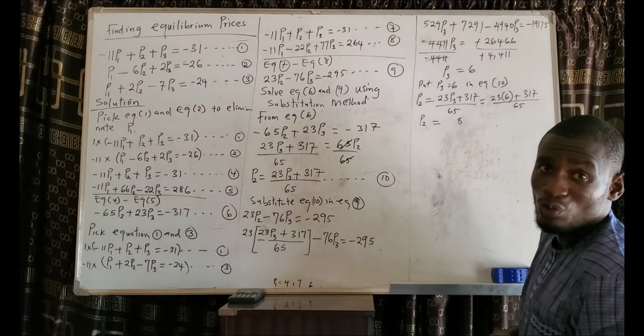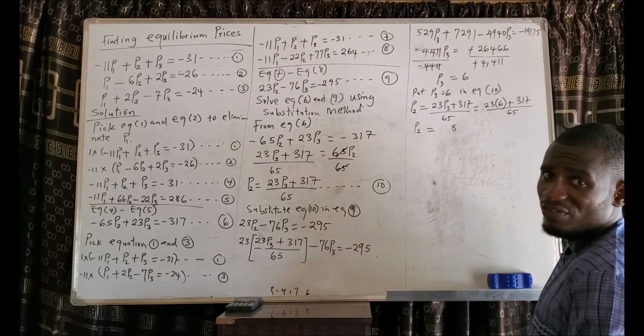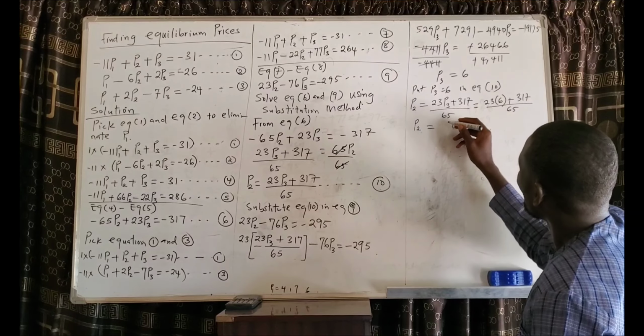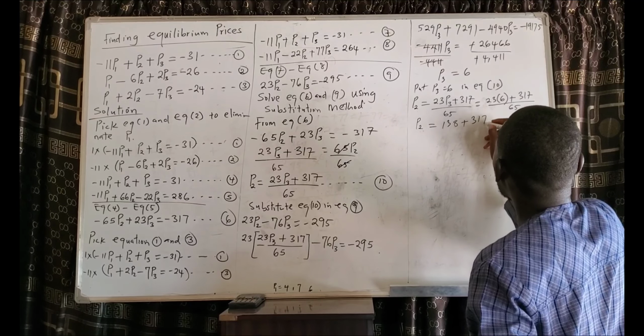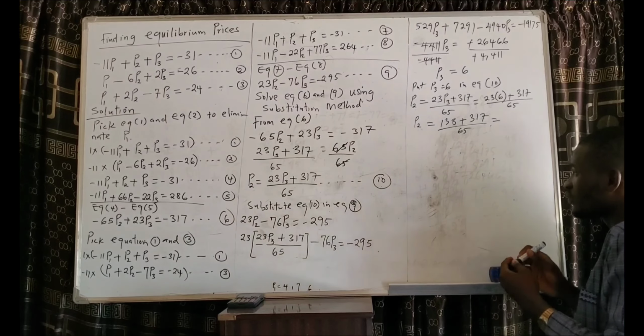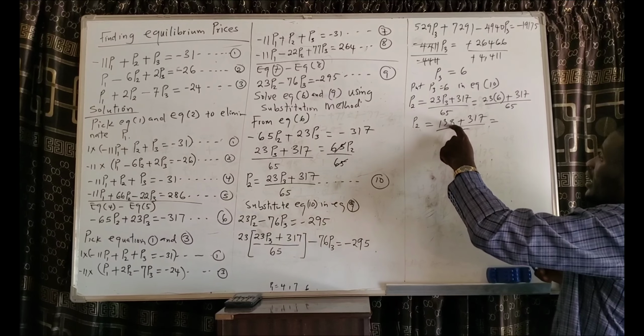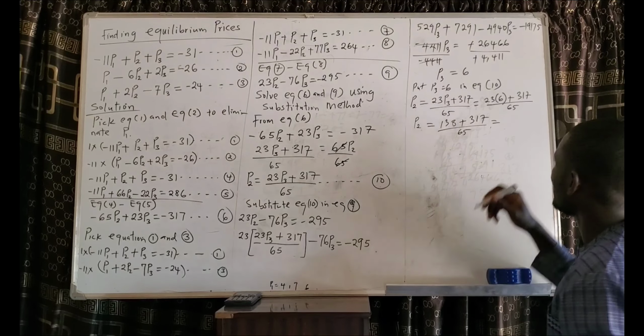Write 8, carry 1. 6 times 2 is 12. Plus that 1, which is 13. Then plus 317 all over 65. This is equal to 8 plus 7. That is 15.